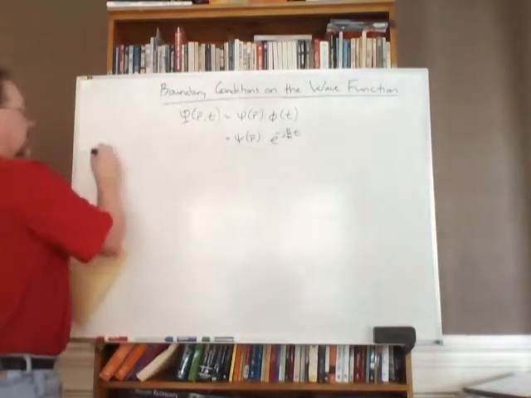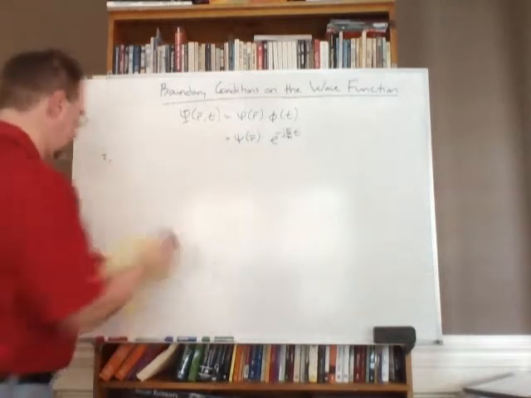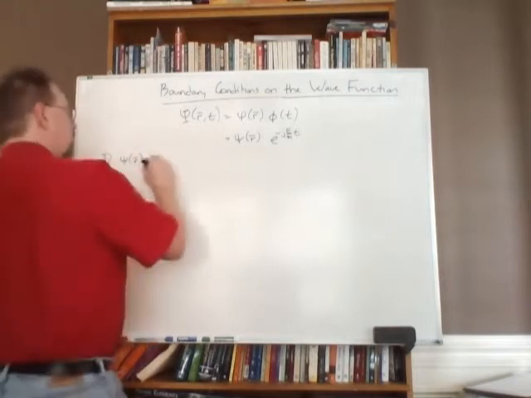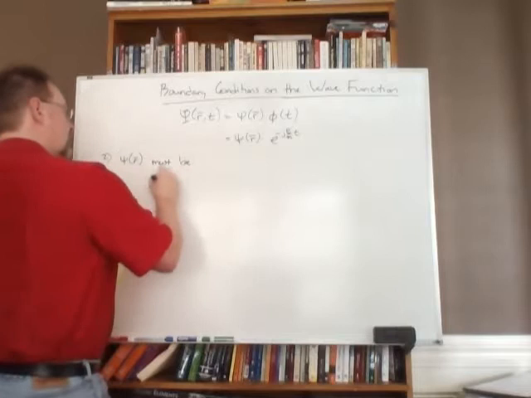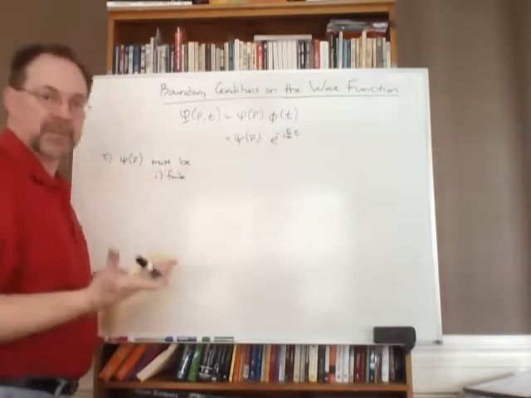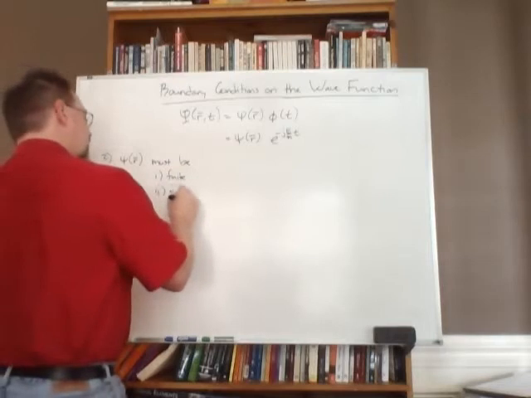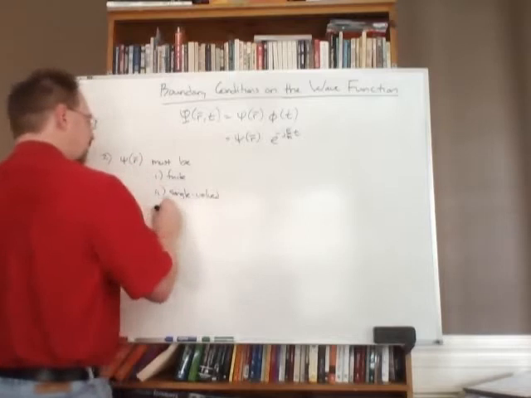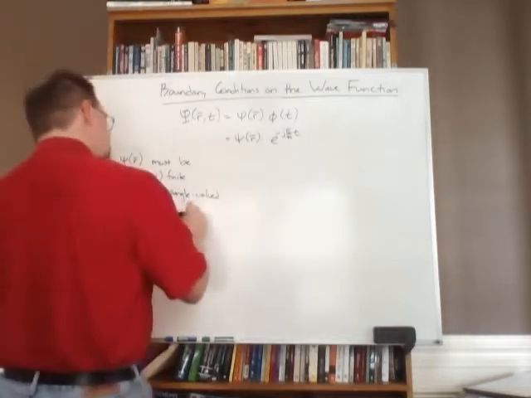Our next boundary condition, and we're going to do this in terms of little psi. So psi of r must be finite. That is, it cannot be infinite anywhere. It has to be single valued, which kind of makes sense, so it actually is a function. And it has to be continuous.